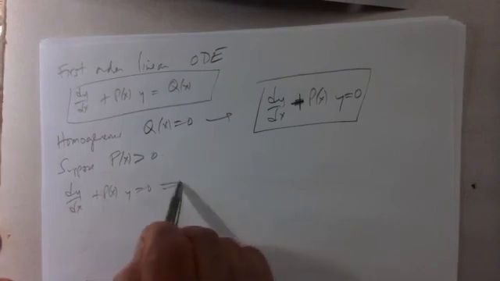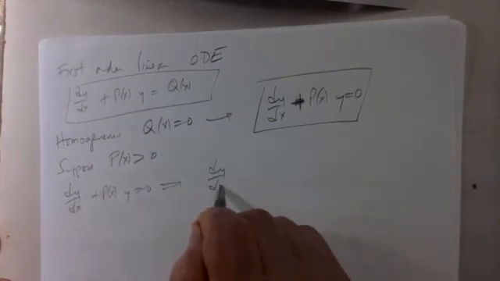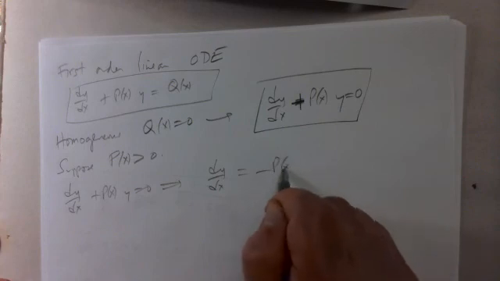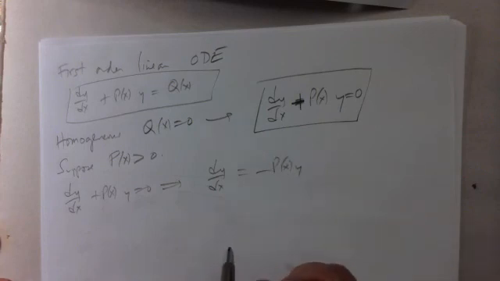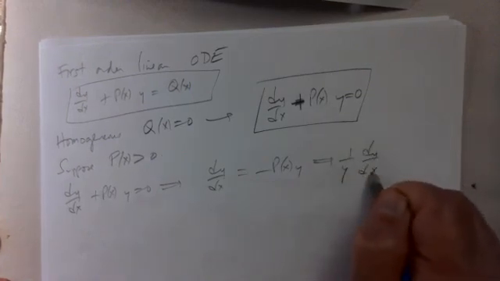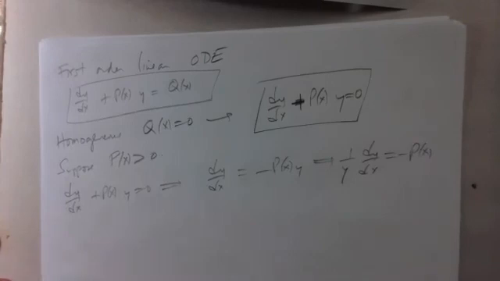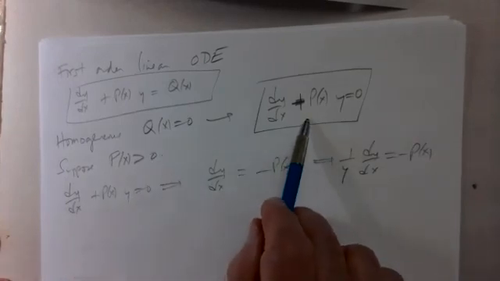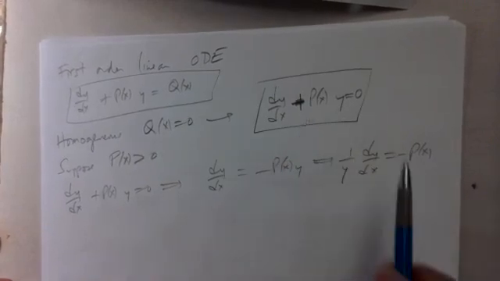So if we have dy dx plus p of x times y equals 0, I can write that as dy dx equals minus p of x times y, or 1 over y dy dx is minus p of x. So I'm just taking my homogeneous linear first order differential equation, writing it like this.